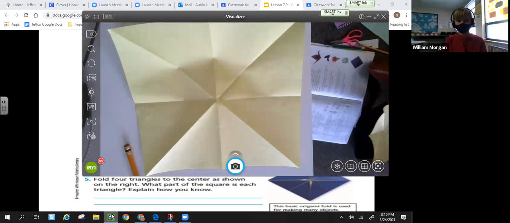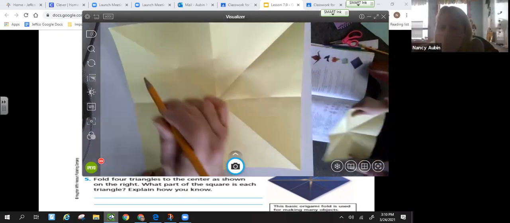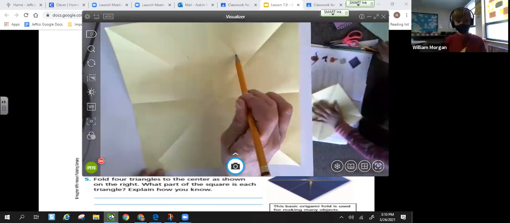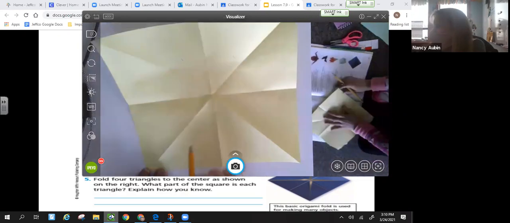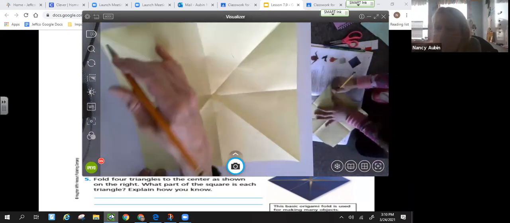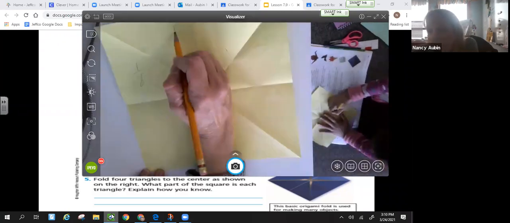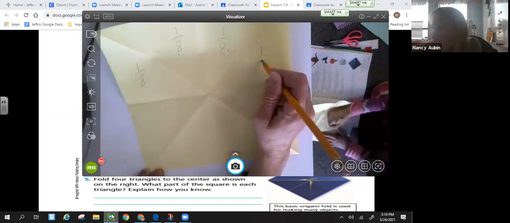1/6. Let's count. Ready? 1, 2, 3, 4, 5, 6, 7, 8. Each one would be 1/8. Look at all those unit fractions.